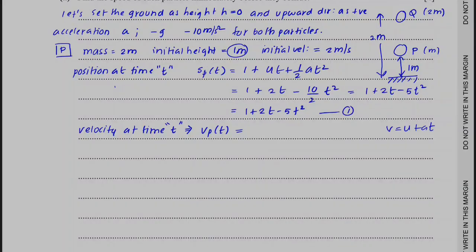Substituting the value for u, it's 2, then plus, for acceleration it's minus 10, then t, which gives a final expression 2 minus 10t. So let it be equation number 2. Okay, let me highlight these equations.